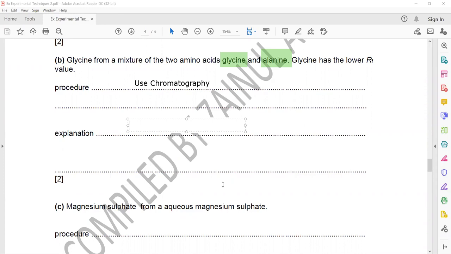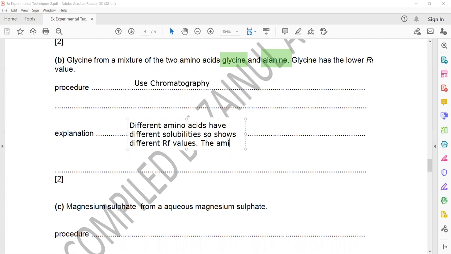On what basis do we separate the substances from each other? Different amino acids have different solubilities, so they show different RF values. They will move at different rates and to different levels.